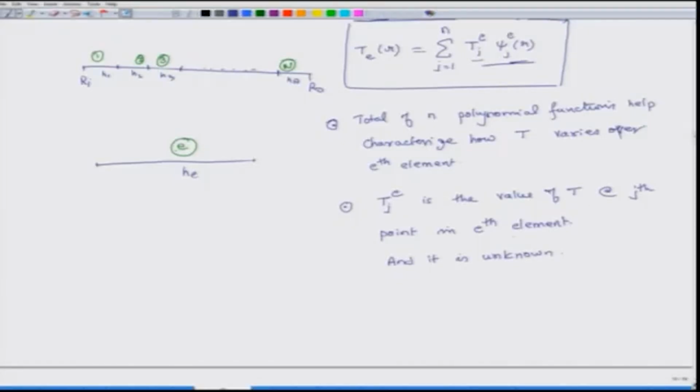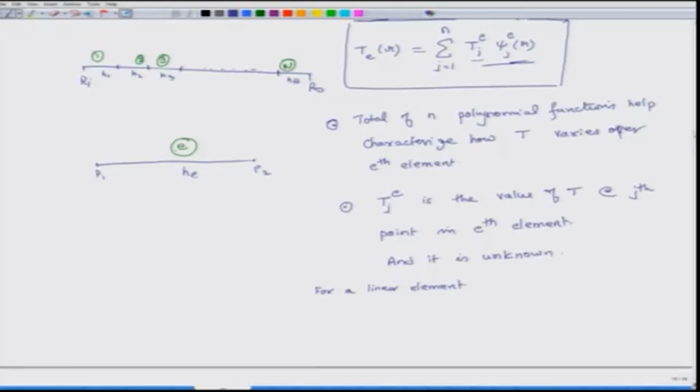Okay. Now, what you are seeing here is there are only 2 points. Let us say this is P1 and this is P2, right. But we have n such functions. So, what are the other points? So, for a linear element, so what is a linear element?